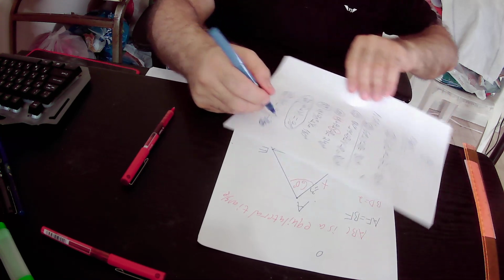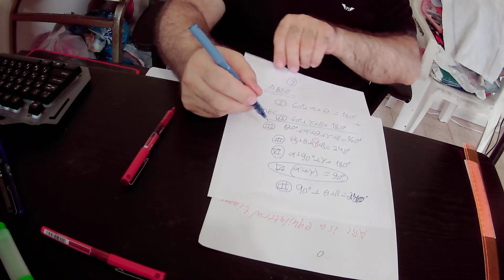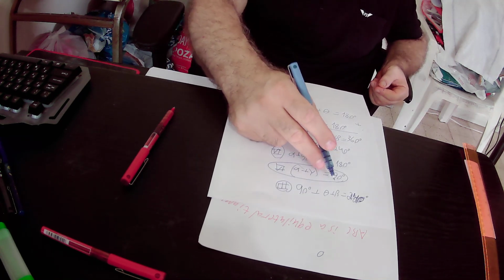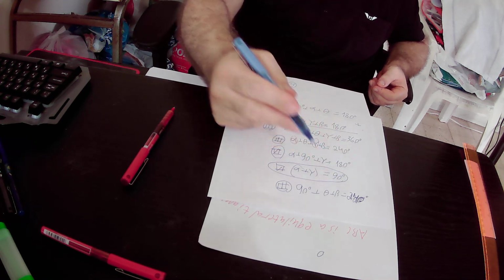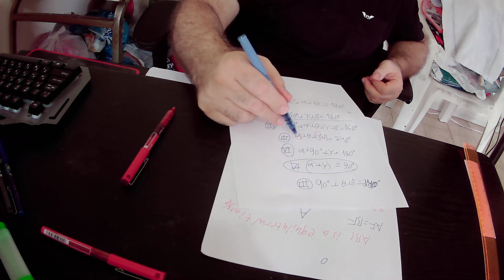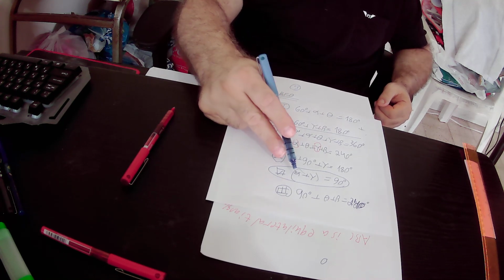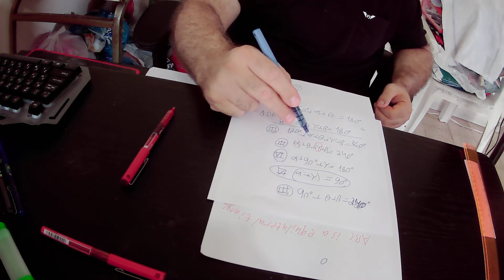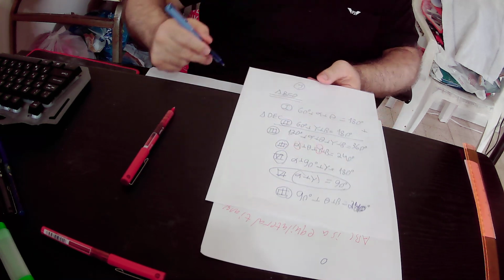We got that 90 degrees plus theta plus beta equals 240 degrees, because we substituted alpha plus gamma by 90 degrees in the third equation.